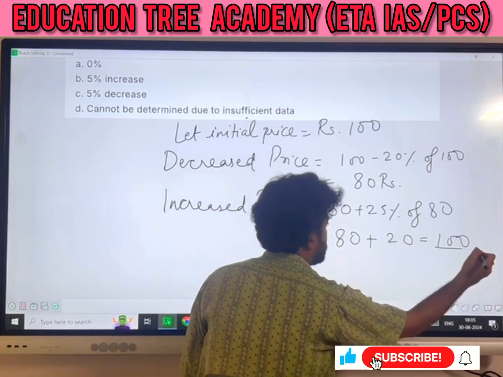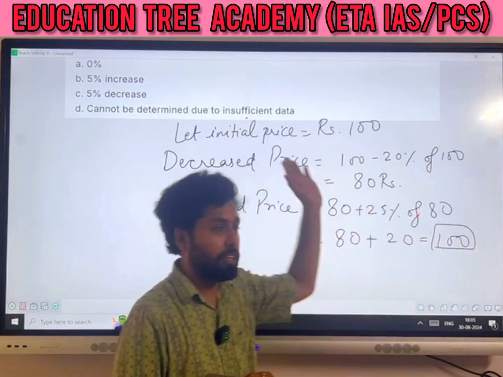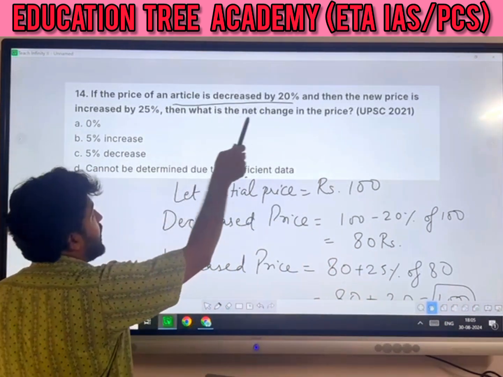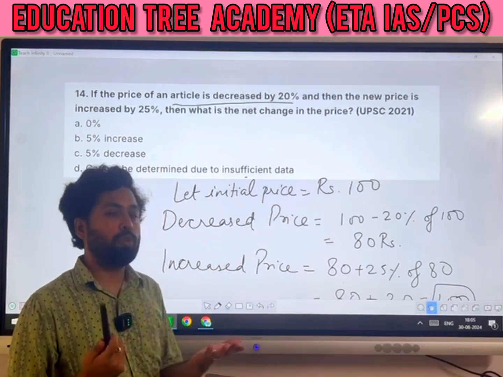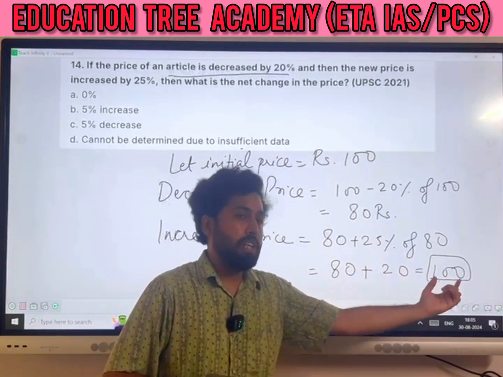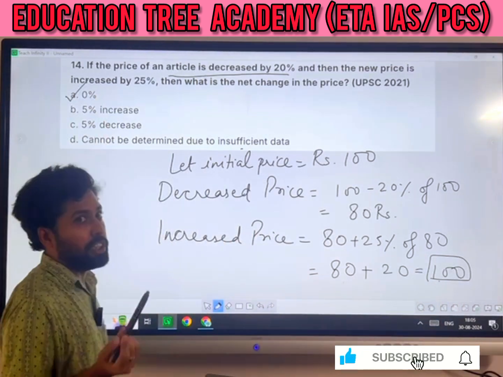So which comes back to 100. So this value is the value that we started with. In the question, he asked the net change in the price. So there is no net change in the price. We started with 100 and in the end we reached 100. So which option would be correct? 0% change in the price.